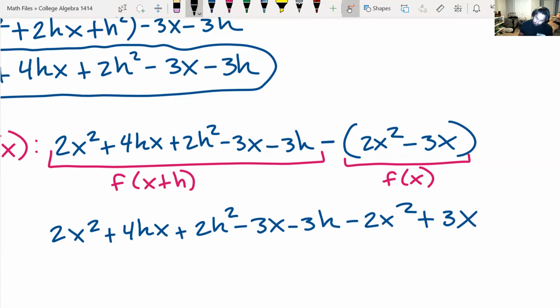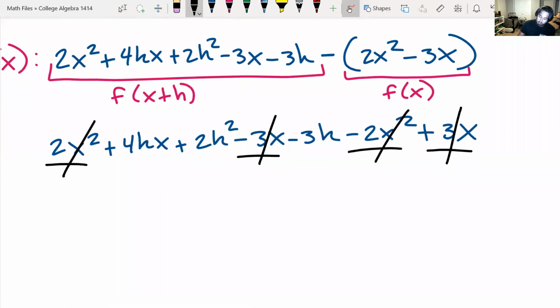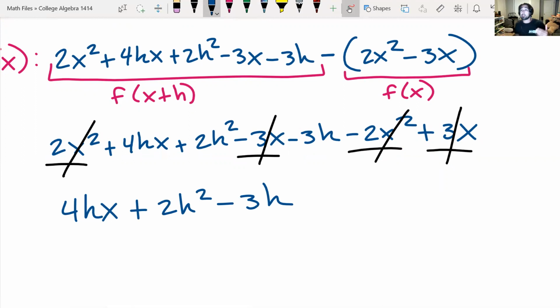Start looking for the like terms. 2x squared, negative 2x squared, gone, gone. Negative 3x, positive 3x, gone and gone. All right. Now what we are left with, because nothing else is going to cancel, is 4hx plus 2h squared minus 3h. This is all that's left over from step 2.